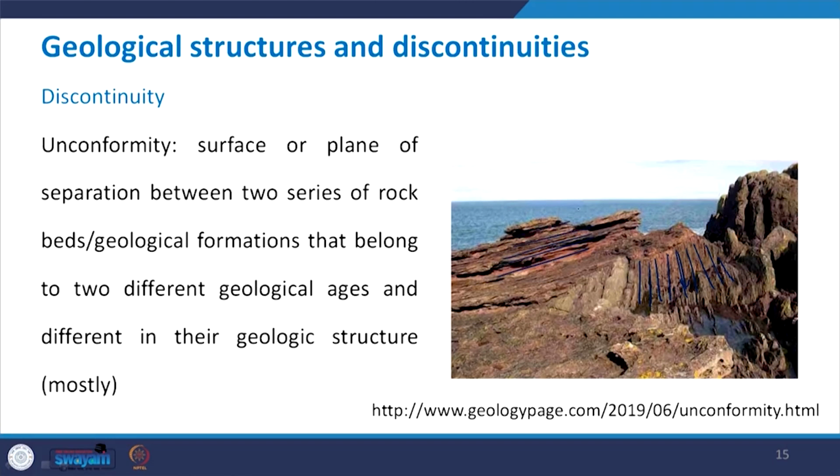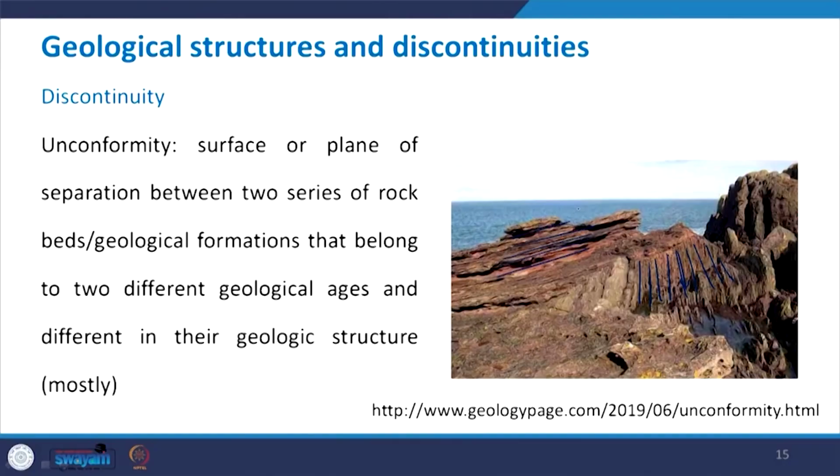So basically, an unconformity is defined as the surface or plane of separation between two series of rock beds or geological formations which belong to different geological ages, and they are different in their geological structures most of the time. In this case, if you just take a look, this is the unconformity.